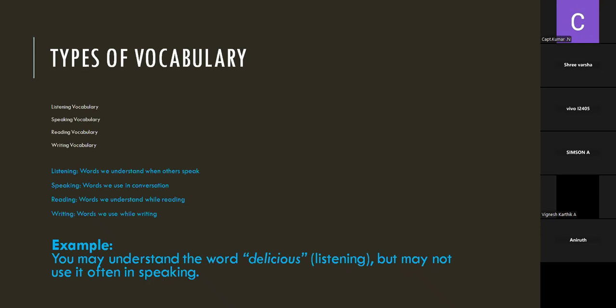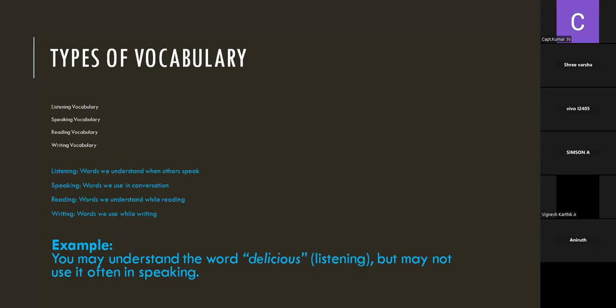Listening, words we understand when others speak. Speaking, words we use in conversation. Third, reading, words we understand while reading. Fourth, writing, words we use while writing.